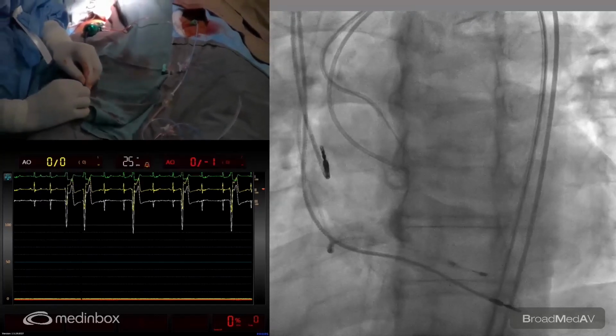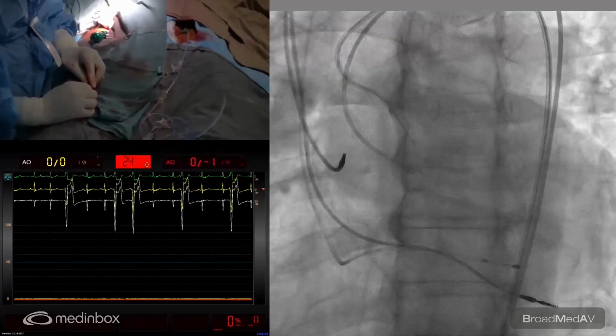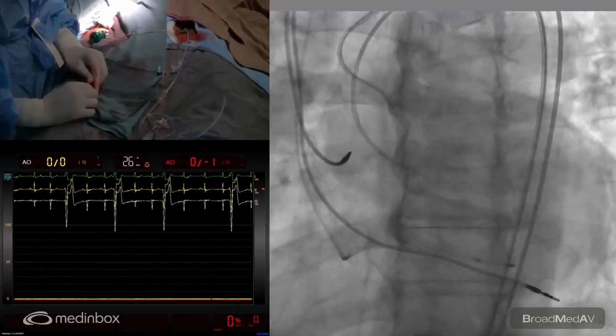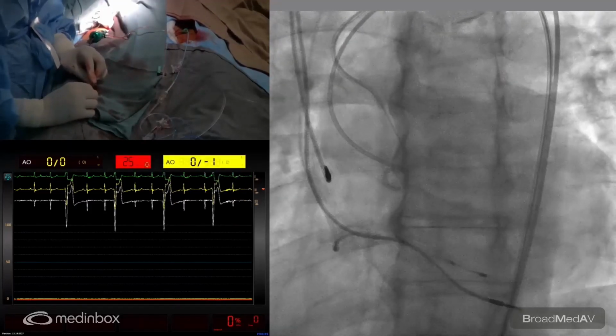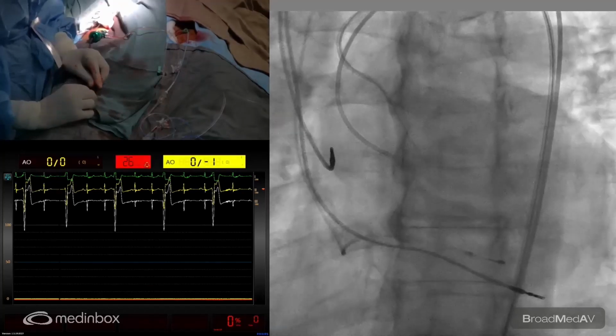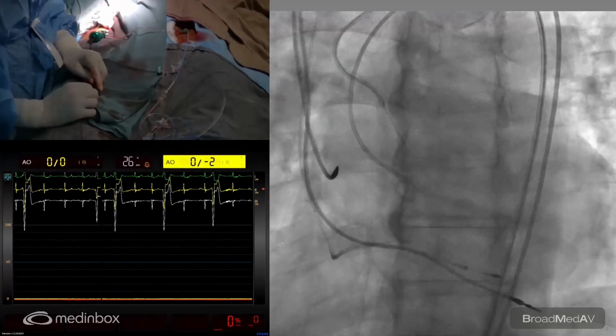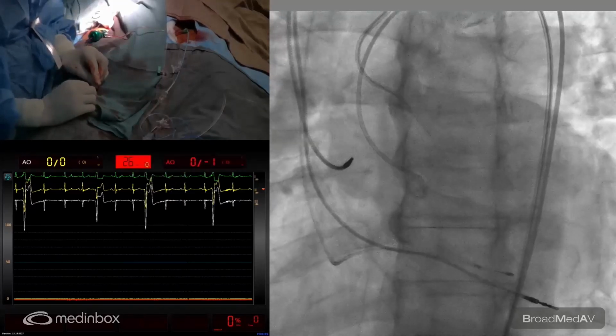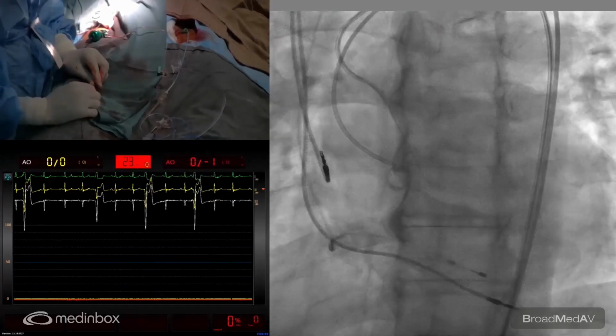So we normally use a wire and try for a minute with various positions. And if it doesn't cross, then we could use a stronger wire.